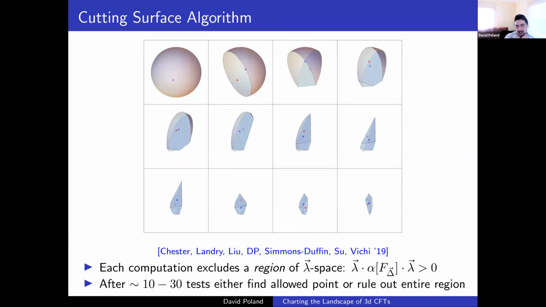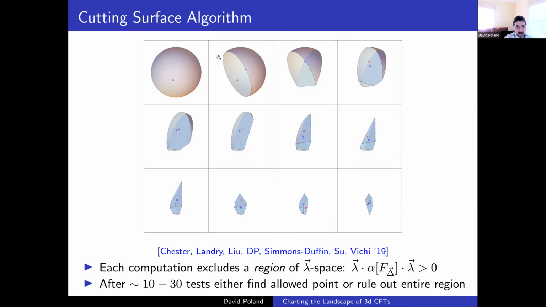And then, as I said, with this cutting surface algorithm, we have this challenge that we need to find some allowed points in the 6-dimensional parameter space involving 3 ratios of OPE coefficients. In practice, each time we do a computation, you get a functional. You can use that functional to rule out almost a half plane of parameter space defined by a quadratic inequality.